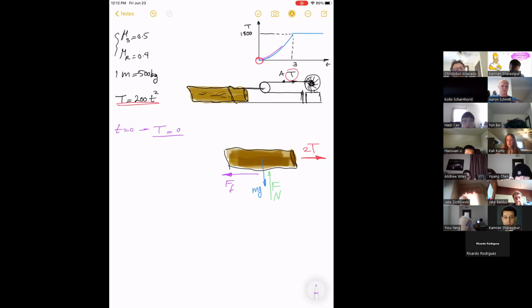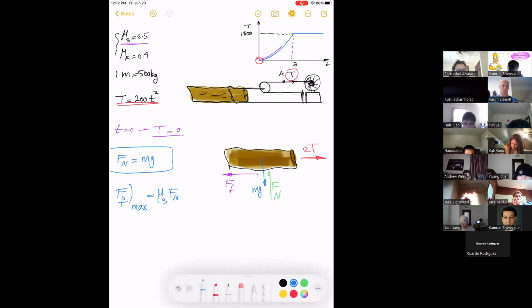Remember, mu s shows you the maximum static friction. First of all, Fn is equal to mg because there's no vertical movement, so I'm just going to write mg here.